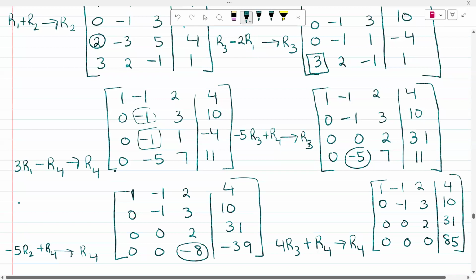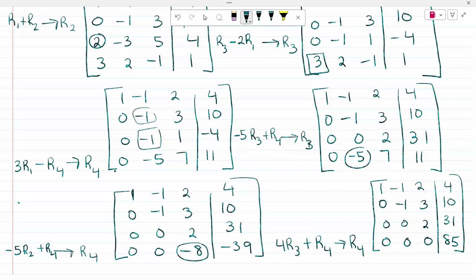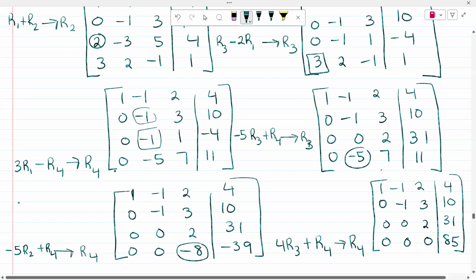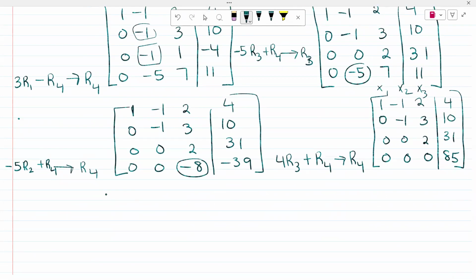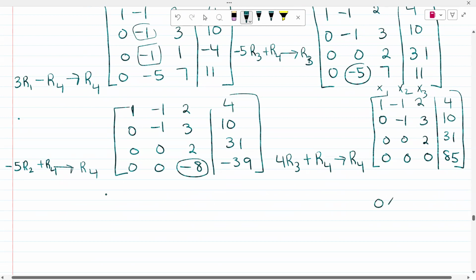so really why I did this is we want, this would be false. Remember this is x1, this column's x1, this is x2, this is x3. You can't say 0x3 equals 85, right?